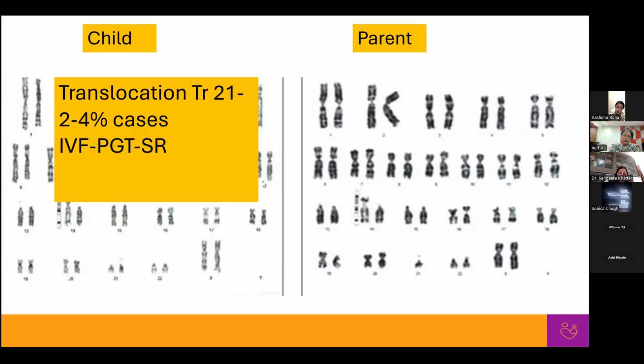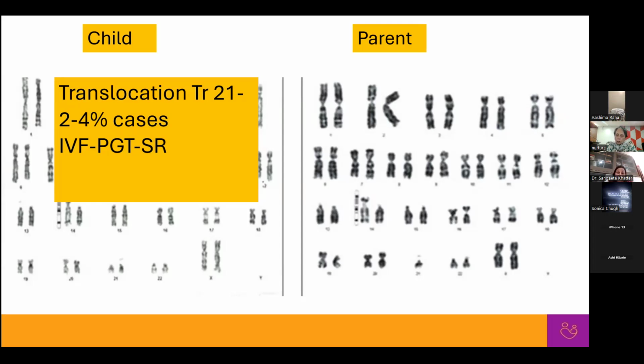And if the previous baby has Down syndrome and the parental karyotype is perfectly normal, do we still need to do PGT or prenatal testing in these patients? Ma'am, PGT in these cases is as per indication, if another indication is there like advanced maternal age, where there is formation of recurrent aneuploidies.